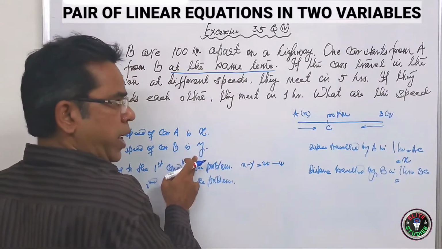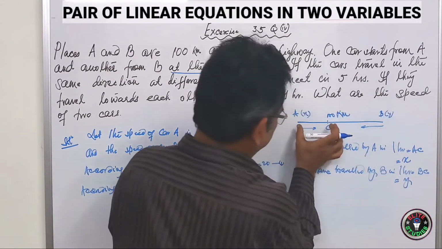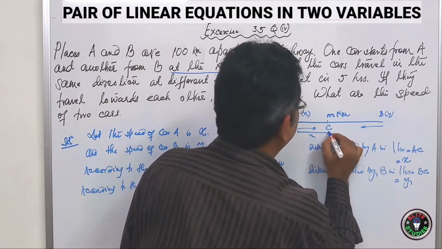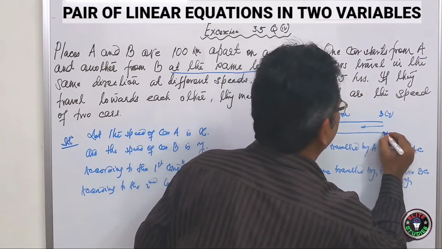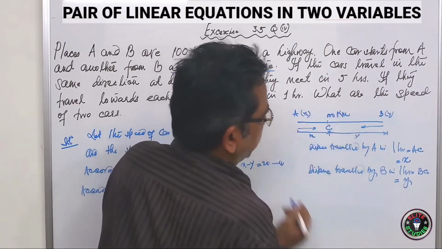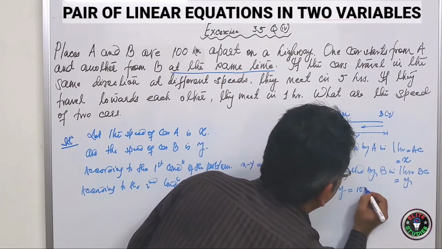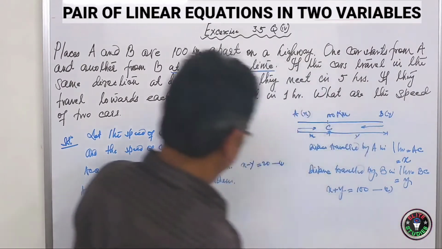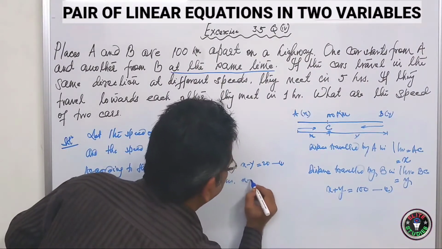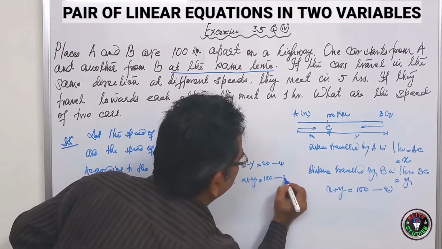Speed of car B is y, time is 1, so it is y. So this distance is x and this distance is y, and we can see that x plus y is equal to 100. This is equation 2.